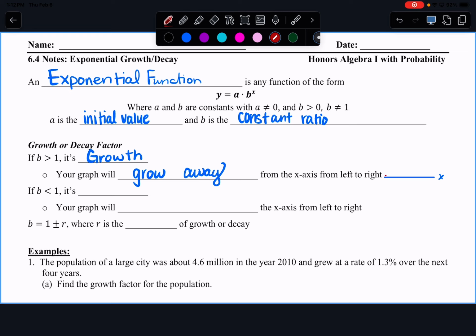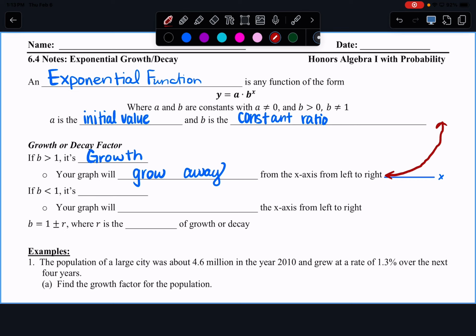It starts really close to the axis, and then it grows up. What's something you would want to grow like that? Your money. Tomorrow we're going to talk about interest formulas and how compound interest works, and the formulas for those things.